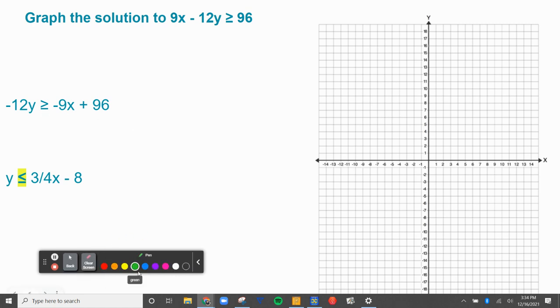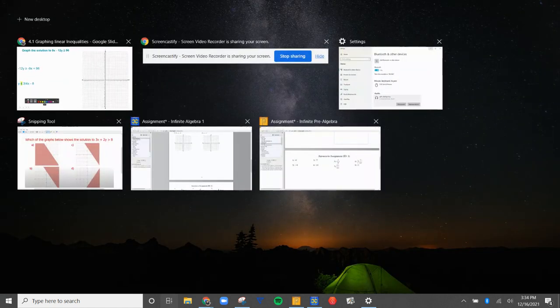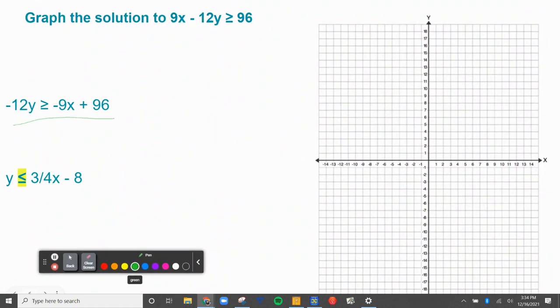The next step is to divide everything here by negative 12. Dividing by a negative or multiplying by a negative means we have to flip our sign. As you can see here, we've flipped our sign so that it now says y is less than or equal to 3/4 x minus 8.